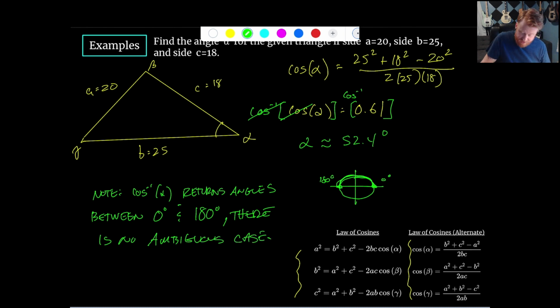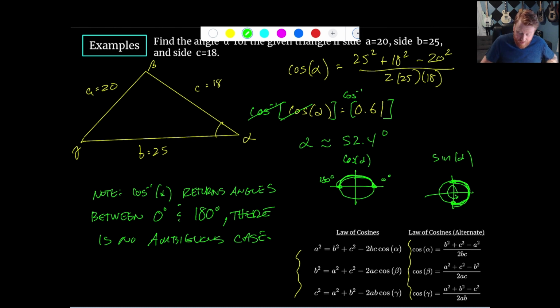Because for sine, this is for cosine, for sine of alpha, it returns angles between negative pi over 2 and pi over 2, or from negative 90 degrees to 90 degrees. Since negative 90 degrees doesn't make any sense in terms of an angle of a triangle, that's where the ambiguity comes in, because you could think about maybe coming all the way back around, and now there's some obtuse angle.